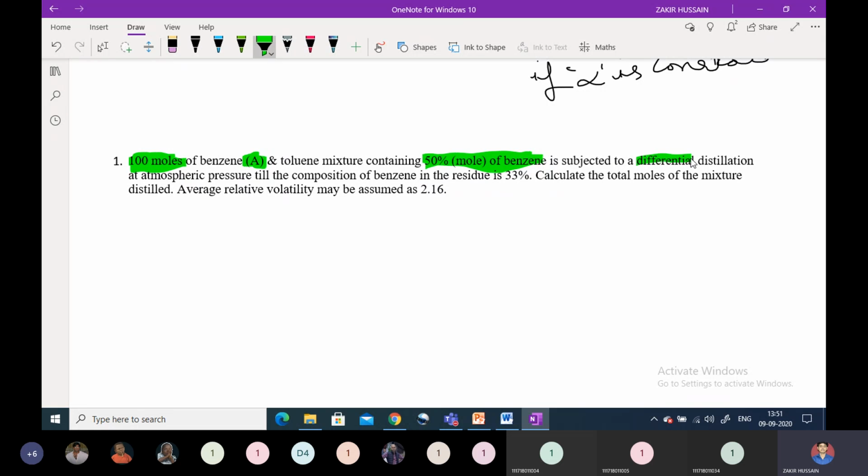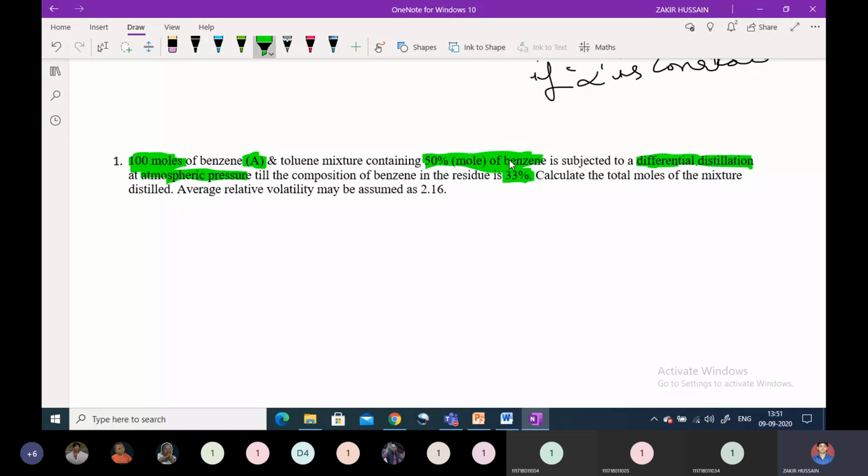So this is important: how the distillation has been carried out, whether it's a flash distillation, continuous, or differential distillation. Differential distillation means a simple distillation at atmospheric pressure, so the total pressure will be 1 atm, till the composition of benzene in the residue, this is xW, is 33 percentage.